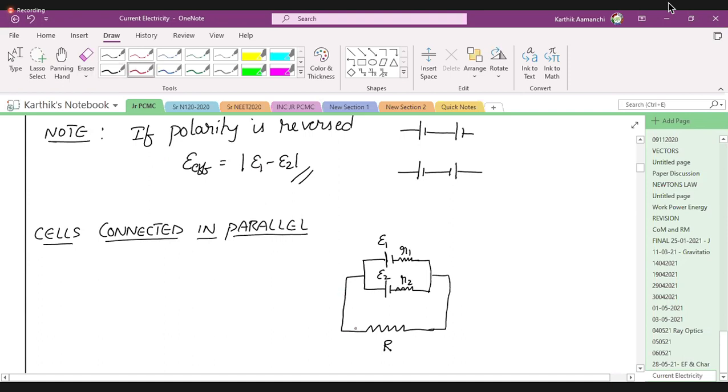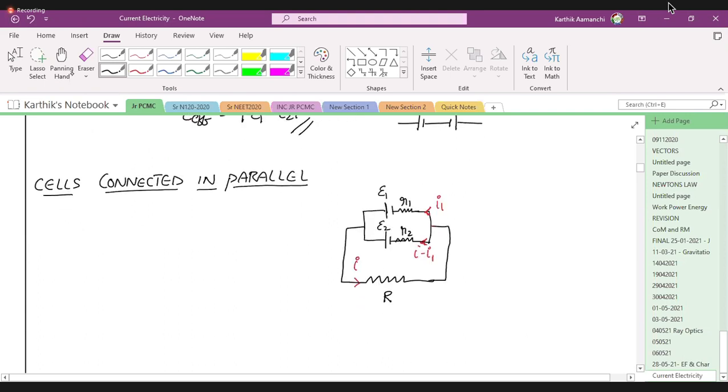Now, assume that there is a current I going in your resistor. Okay, it comes here. Let me say I1 goes into this, and then I minus I1 will go into this. Now see, this is how you consider a loop.